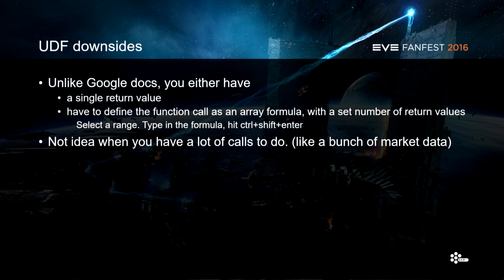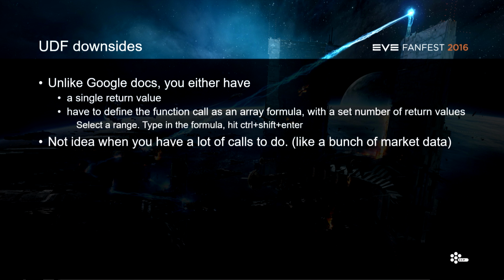UDF downsides. Either you have a single number being returned, or you have to define the function as an array function. If I remember correctly, you select the place where you want the data to be put into, put in your function and hit Control-Shift-Enter, and it puts it in as an array function. It is a very defined set of numbers to return.